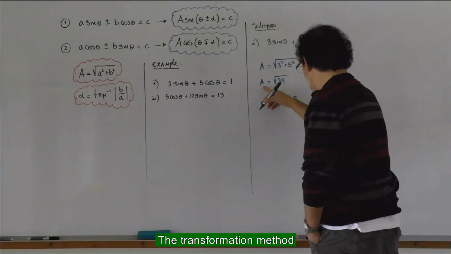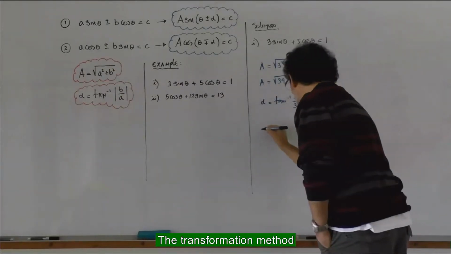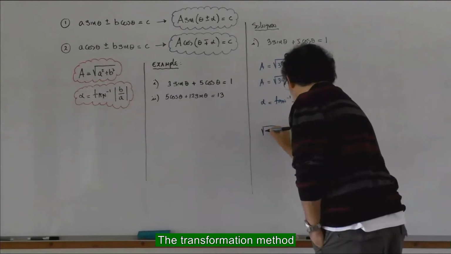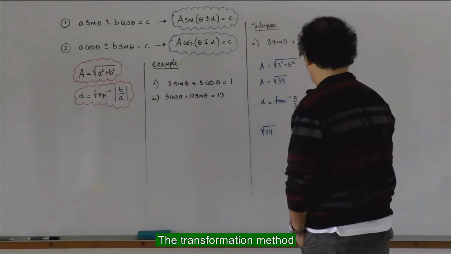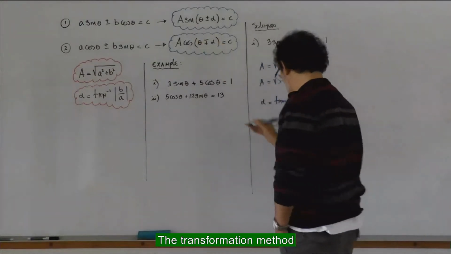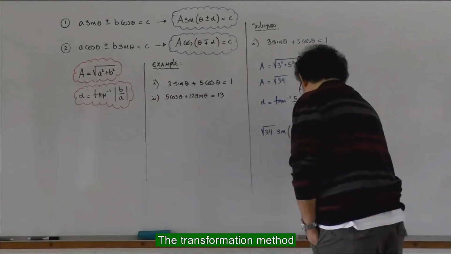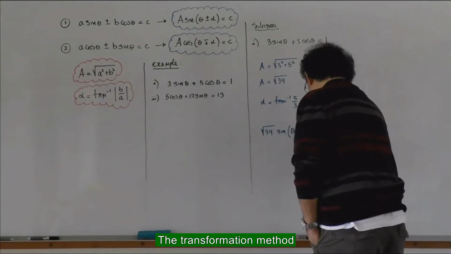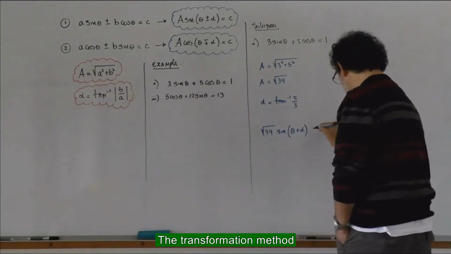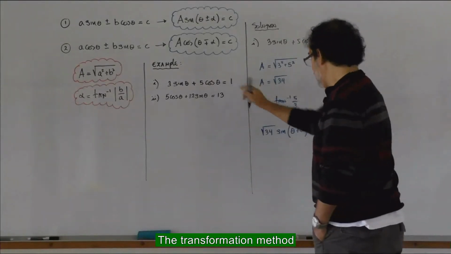We have the answer for a, so we're going to set up the new equation: square root of 34 sine of theta plus alpha, and that is equal to positive 1.